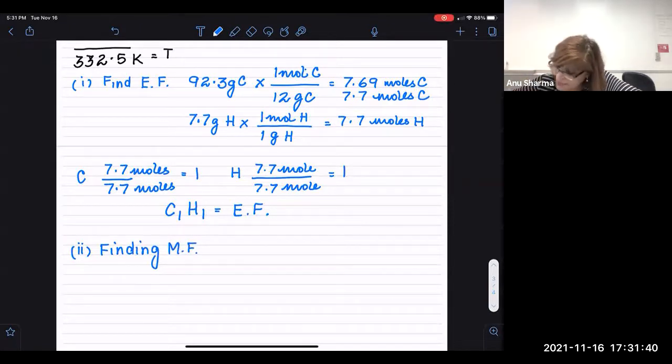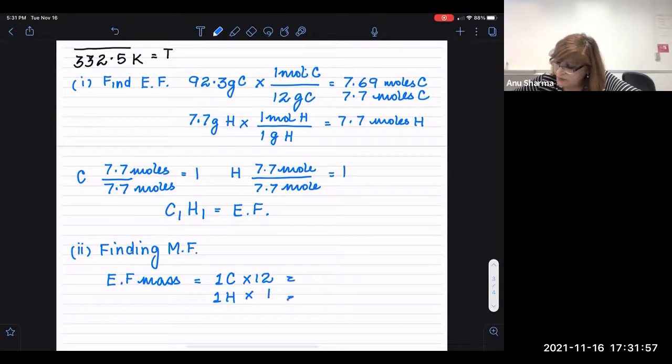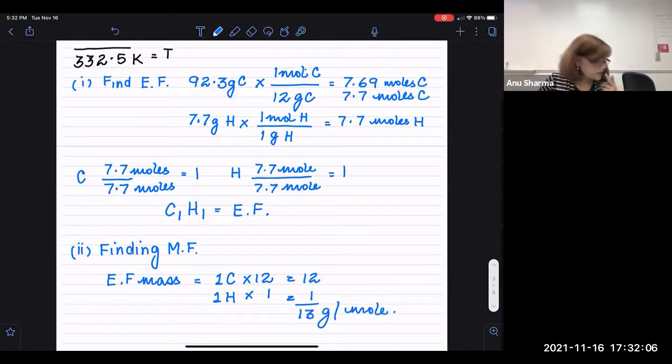We have the empirical formula mass, find that first. Empirical formula mass is 1 of carbon times 12, 1 of hydrogen times 1, and that gives you 12 and 1, that is 13 grams per mole. Okay, so this is one piece.